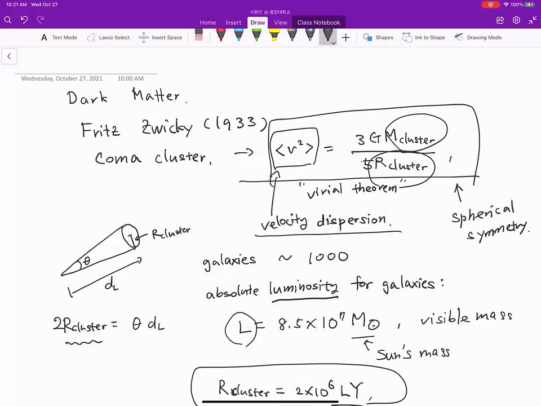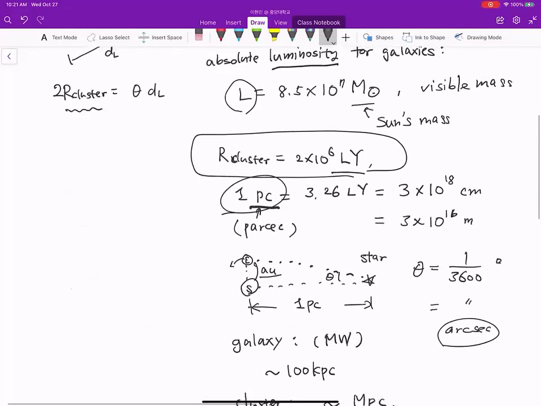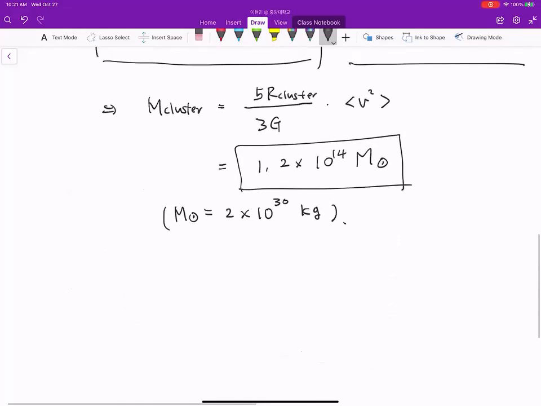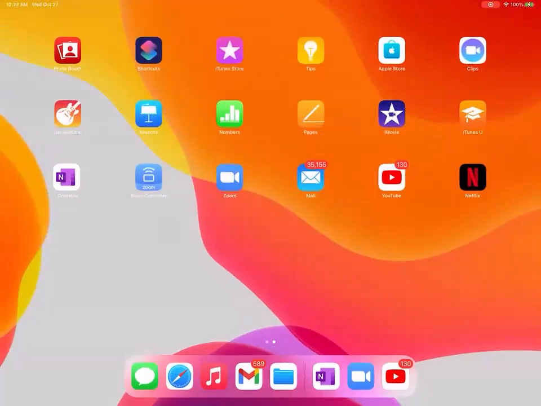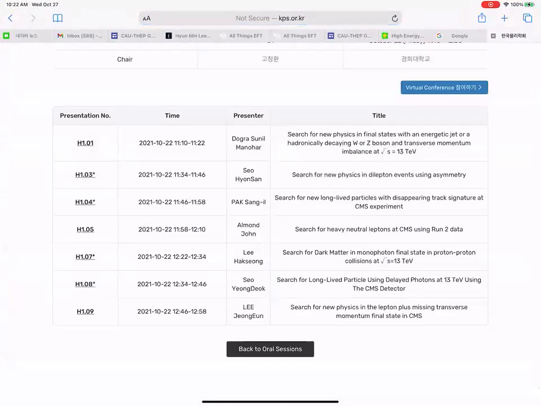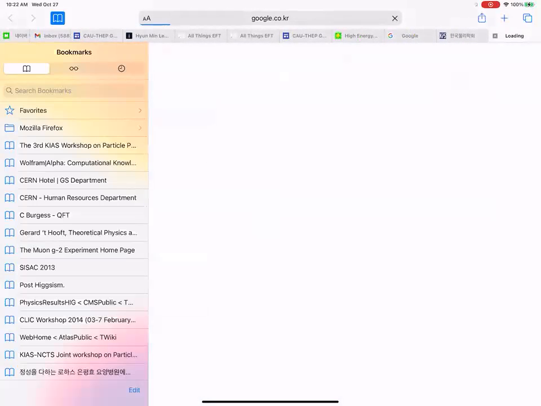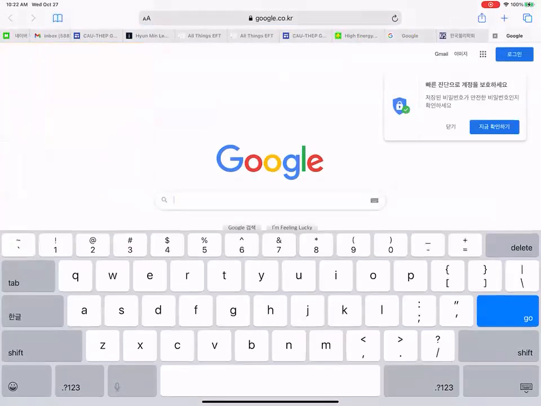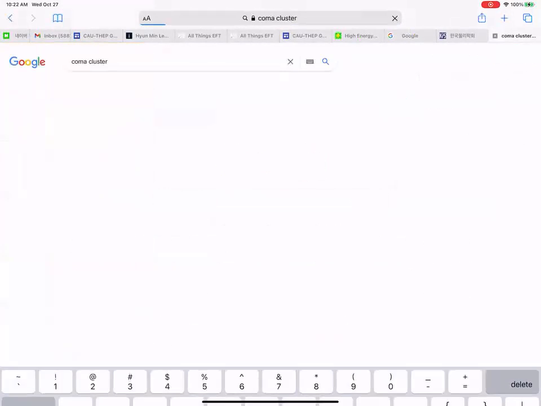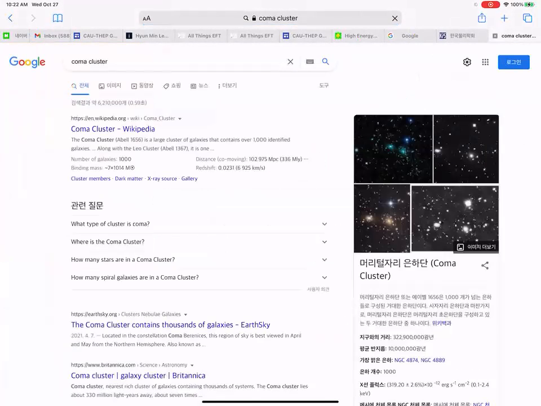But if you break the spherical symmetry, then this result is more stringent. According to the observation, the Coma cluster is not spherically symmetric. Let me show you some figures. Maybe you have looked for the Coma cluster on Wikipedia.